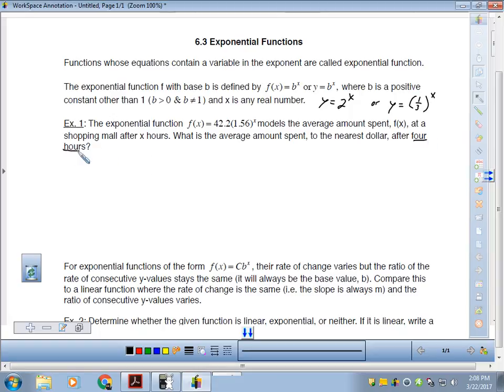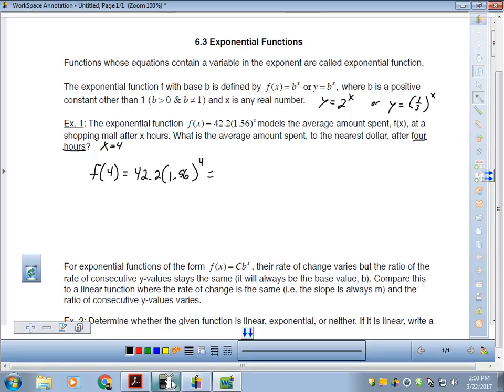They told us that x equals 4, so plug 4 in for all of the x's. We have f of 4 equals 42.2 times 1.56 raised to the 4th power.